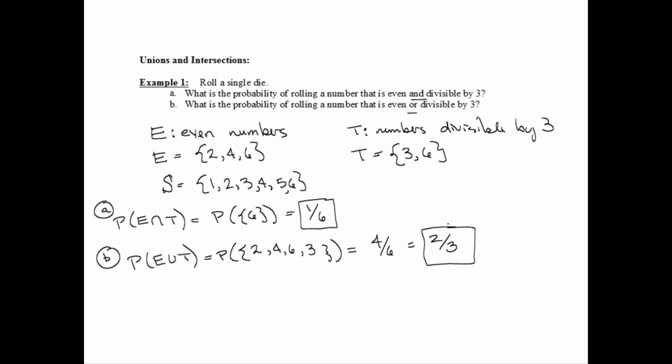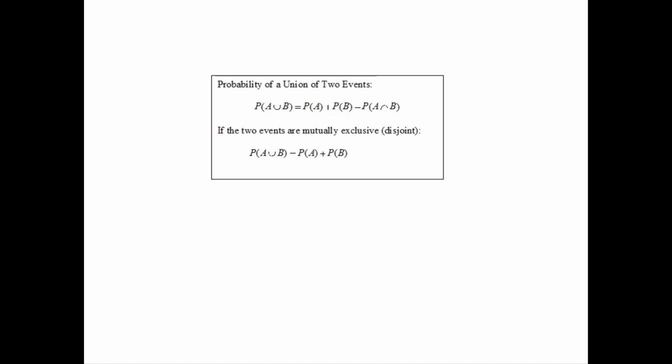So often we can figure out the probabilities of unions and intersections simply by examining the events in a simple problem like this. It does turn out, though, that it is sometimes helpful to look at a formula. This formula should look familiar to you. This is not a new concept. Remember our counting formula that said that the number of elements in A union B, what was it equal to?